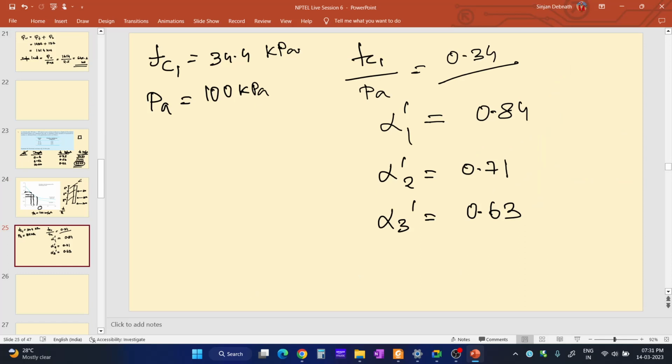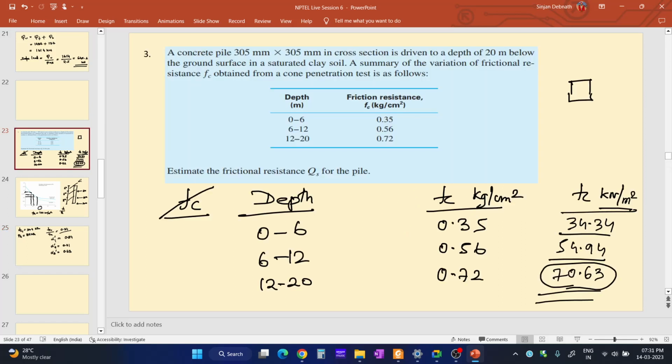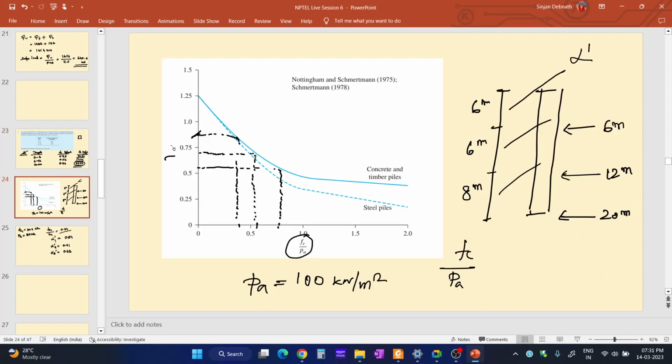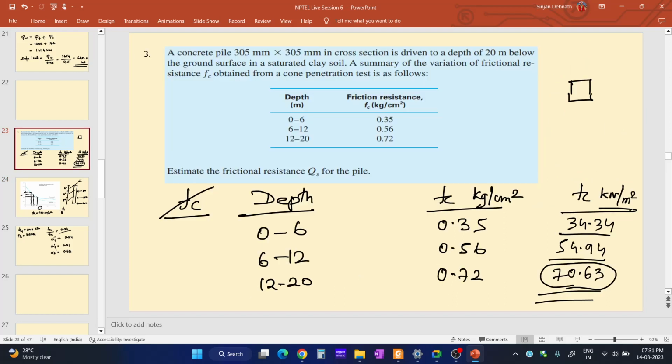Now we can find out the unit skin friction resistance, that is alpha into C. Instead of C, we need to multiply that alpha dash with the unit skin friction resistance, that is with all these FC values, since we get all these values from the cone penetration test.